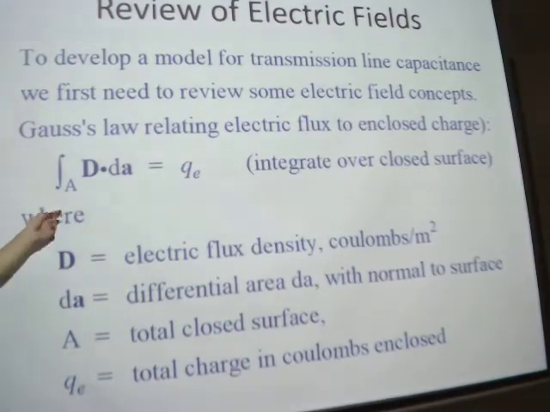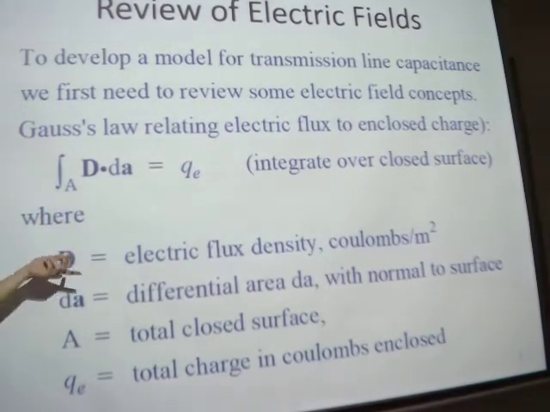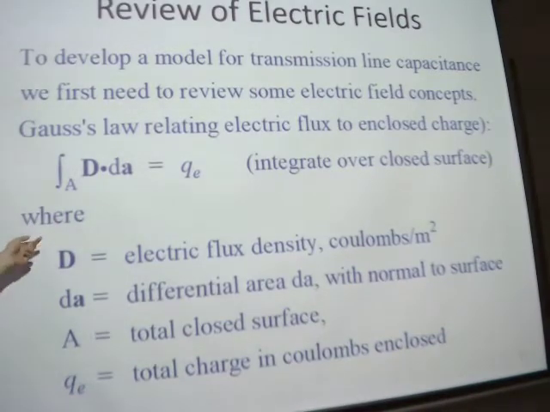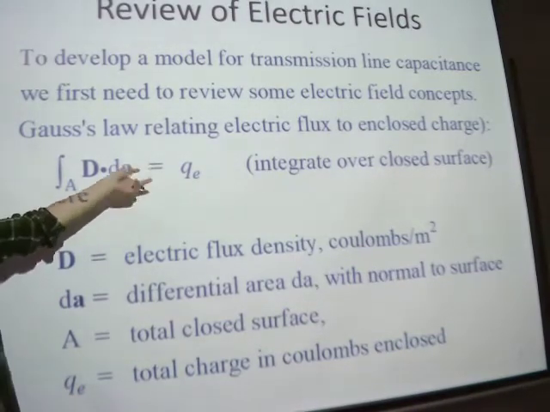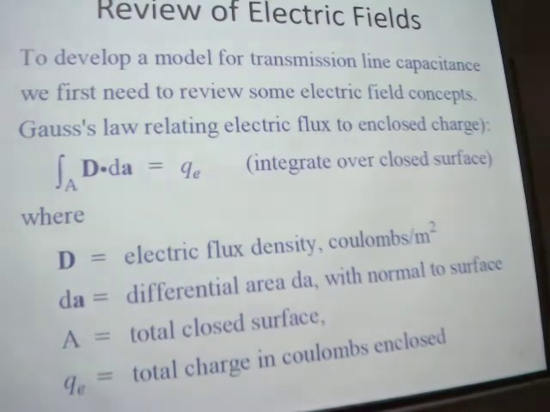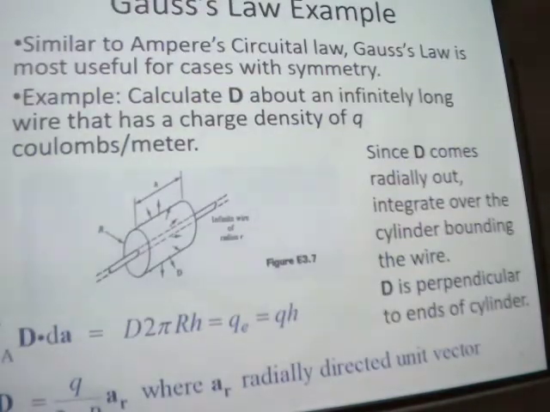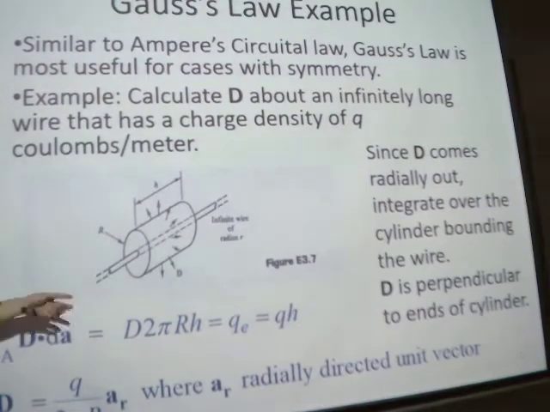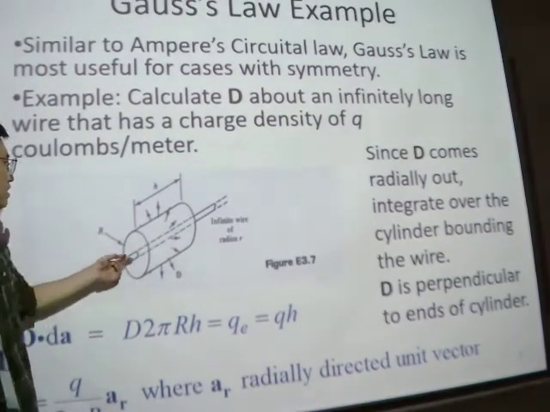So A is the area enclosed by the surface of this electric field. Here is one example.